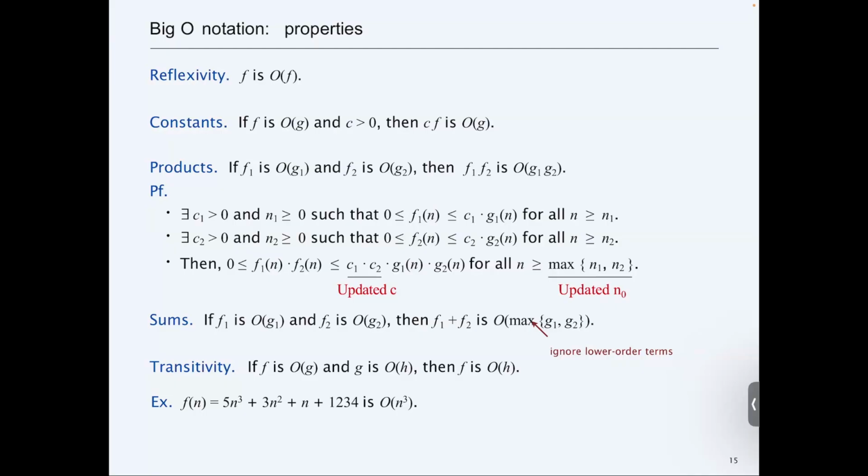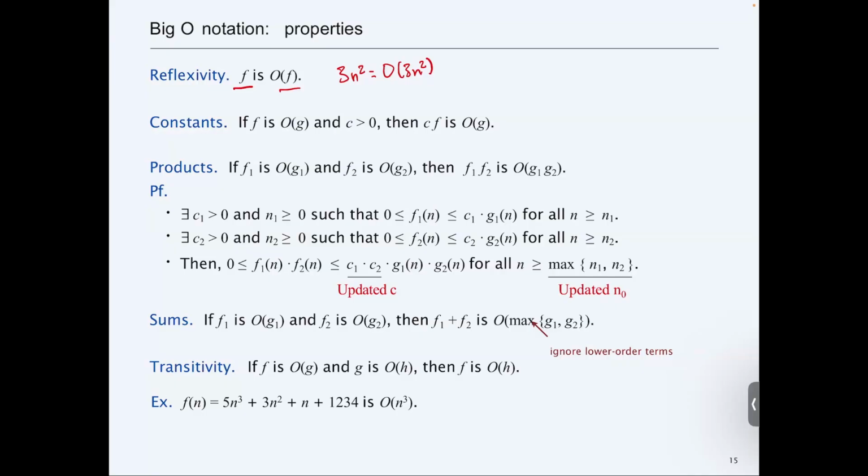A function is always big O of itself. f of n is equal to big O of f of n. So for example, 3n squared is equal to big O of 3n squared. It's not exactly groundbreaking, but it's mathematically important.